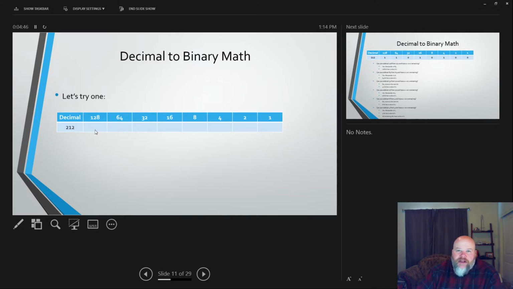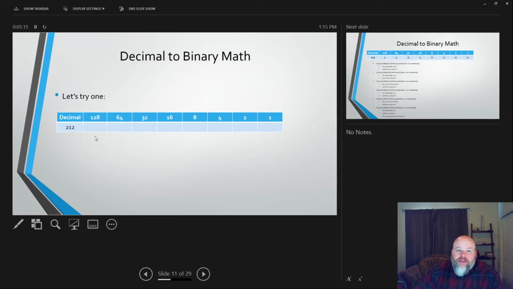So we do that subtraction, and we have a remainder of 84. Yes, we have a remainder of 84. And you can use a calculator to do this part. That's not a big deal. So the 128 bit is on.